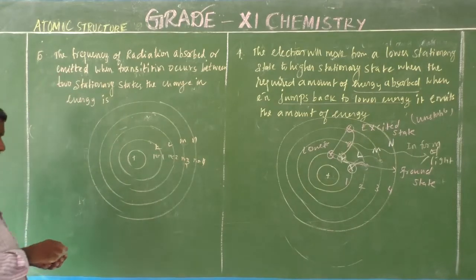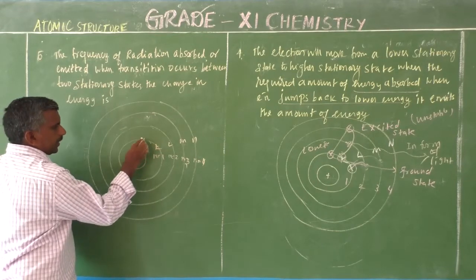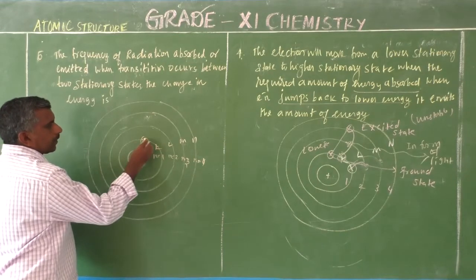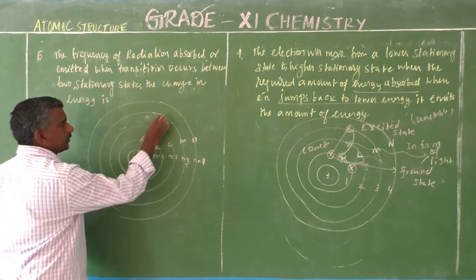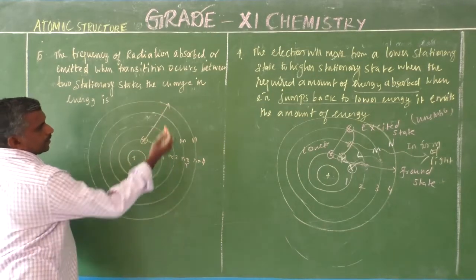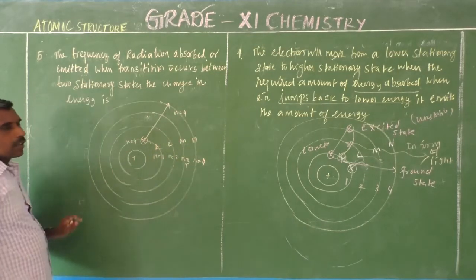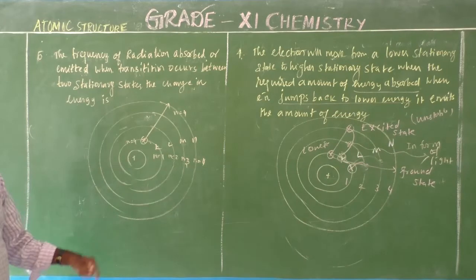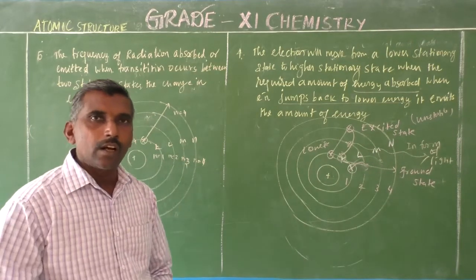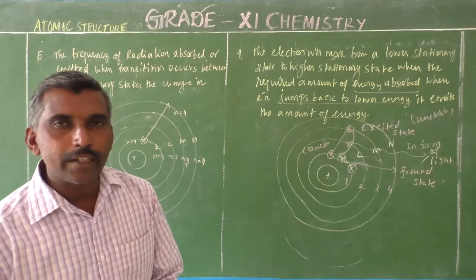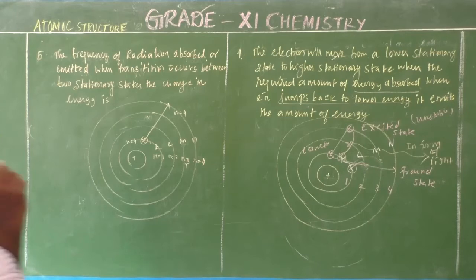When energy is supplied, that is energy absorption, the electron absorbs energy from the ground state to the excited state. That is the fourth cell, N equal to 4. We apply the energy, that is electromagnetic radiation, light, UV light, IR light, any electromagnetic radiation.